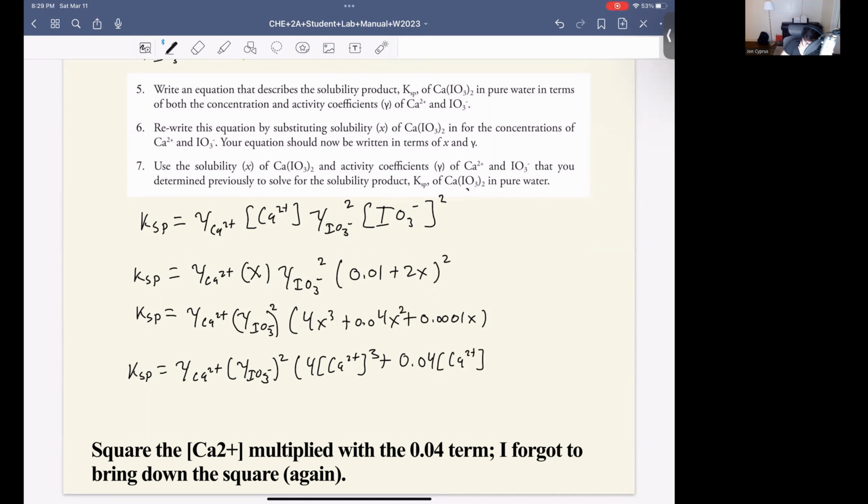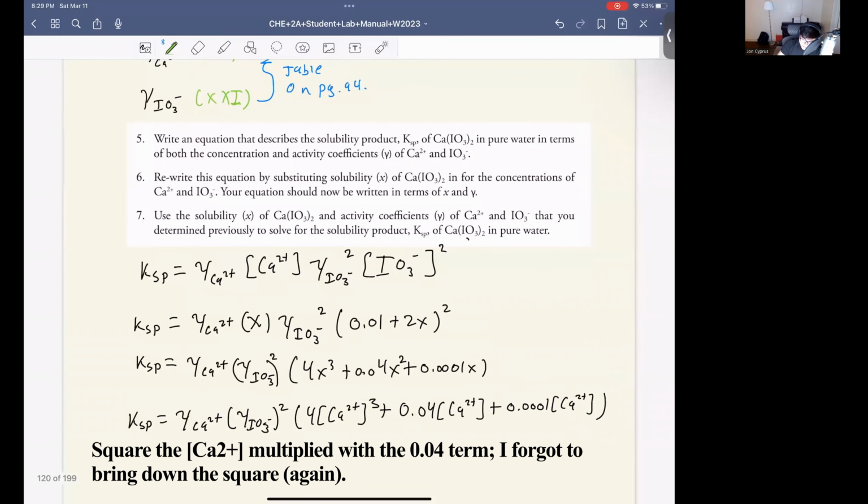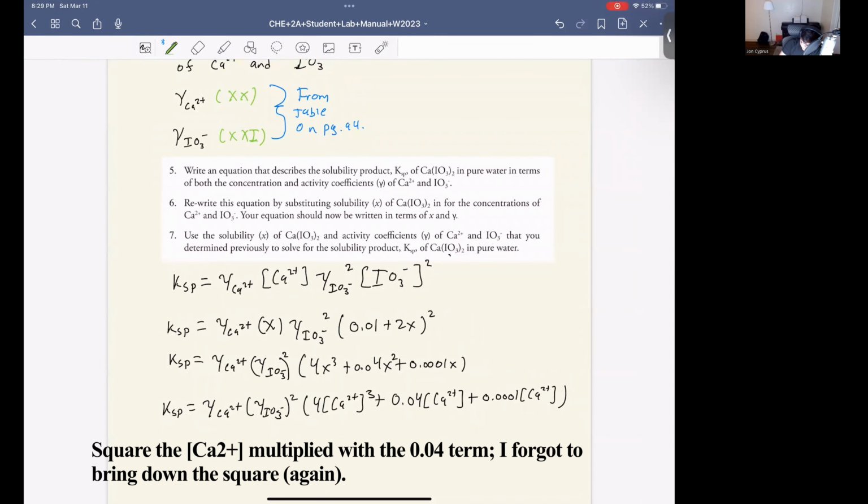I forgot to make that a square. All right, and you would plug that into your calculator. This KSP, I'm going to denote with XXII.